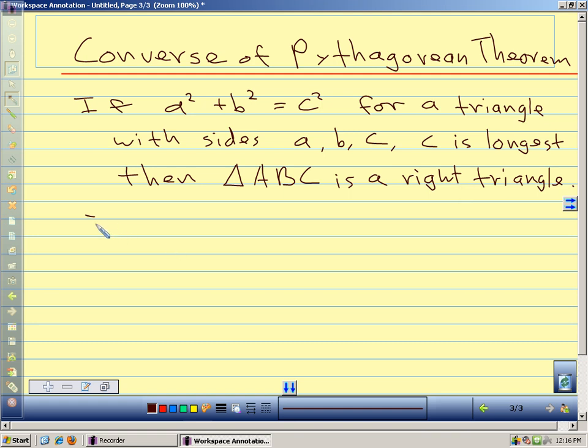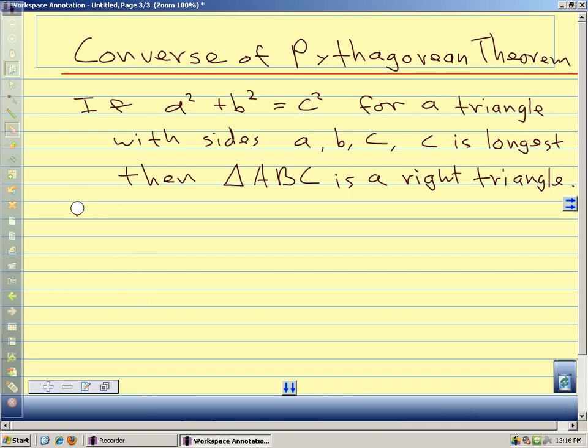We'll give one more set of rules, and then we'll do some examples. So the converse of the Pythagorean theorem tells us when we know the sides, can we figure out if it's a right triangle?